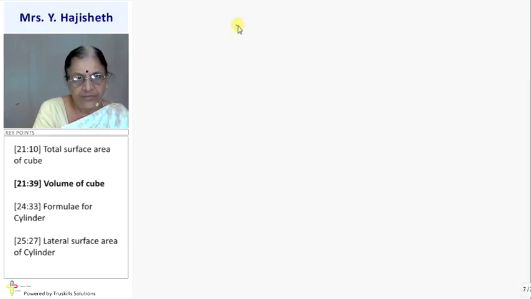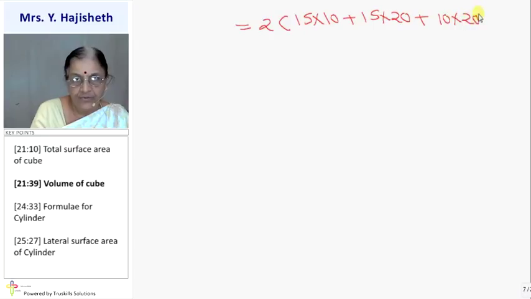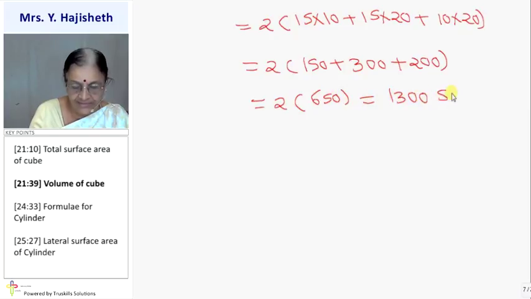It is nothing but 2 times (15 into 10 plus 15 into 20 plus 10 into 20). Clear? So if you calculate, 2 times (150 plus 300 plus 200). So it is 2 times 650, so my total is 1300 square centimeter.